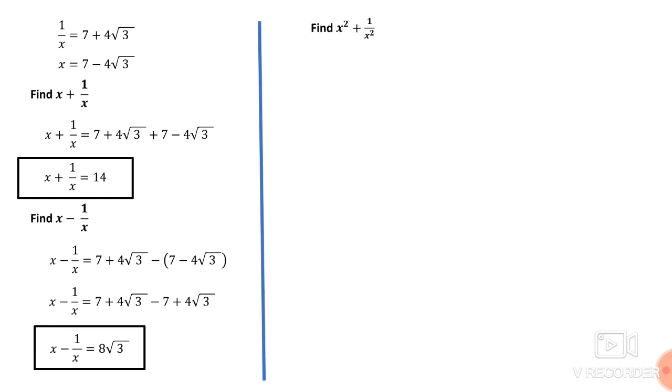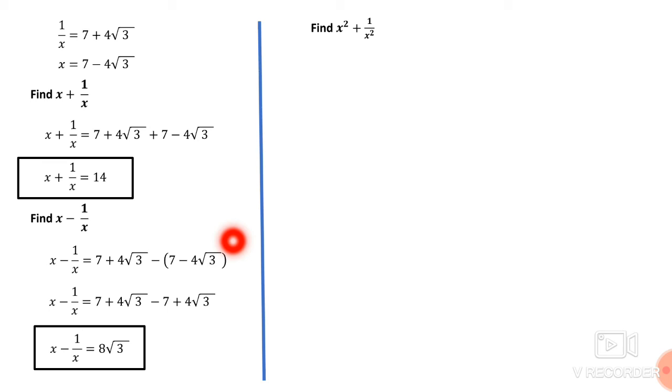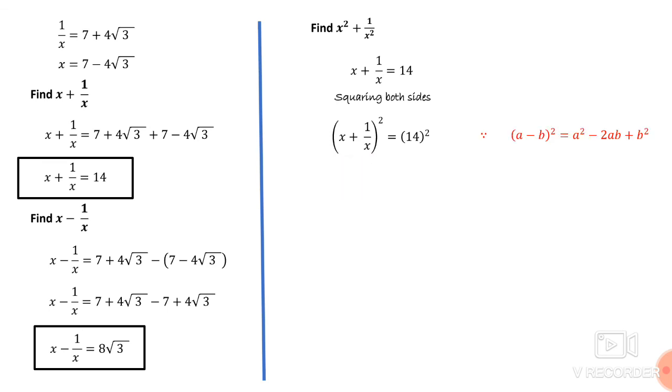To find the value of x square plus 1 upon x square, we can use either value. It's easy to use x plus 1 upon x. So we have x plus 1 upon x equals 14. We will square both sides. Here we will apply the formula a plus b whole square.